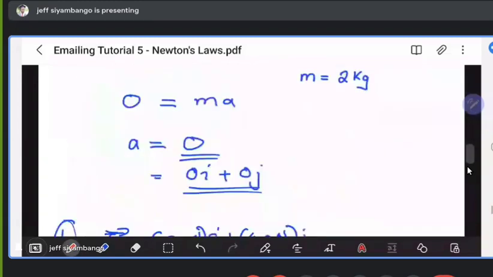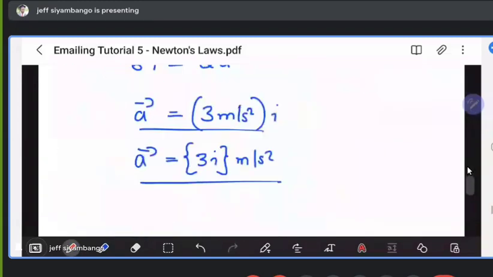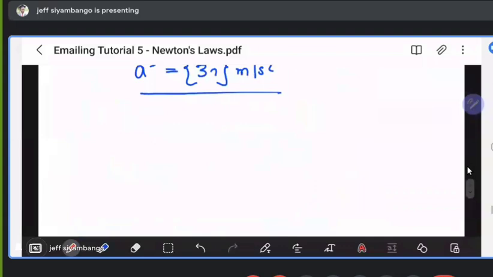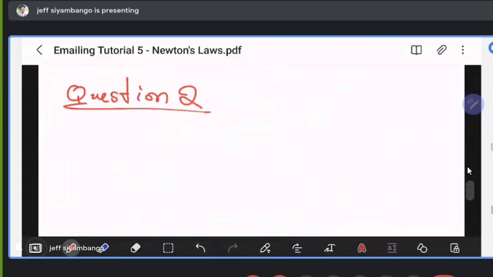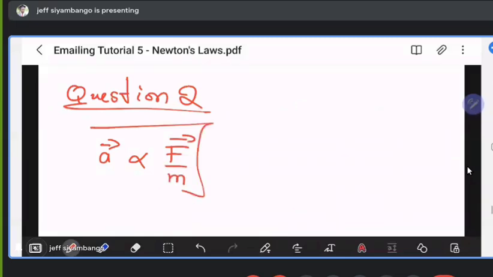From Newton's second law, let me just go through it one more time. Newton's law predicts that the acceleration of a body, a, will be directly proportional to the force that is causing it, but inversely proportional to the mass. I like to just think of it as just these two.